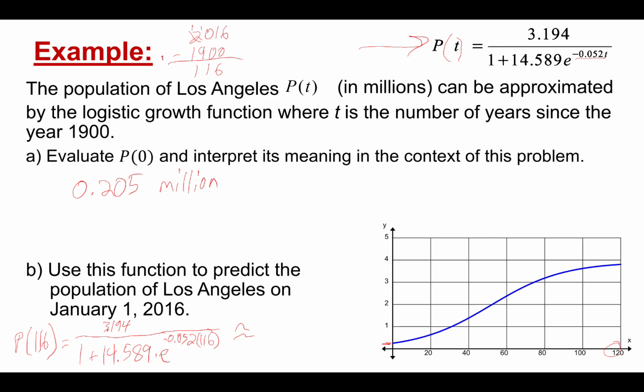So 3.194 divided by, and here I'm going to open a parentheses. I want to be clear that I'm making sure I'm going to get all the pieces.